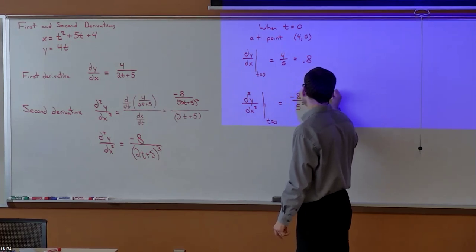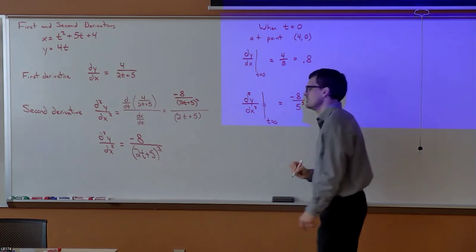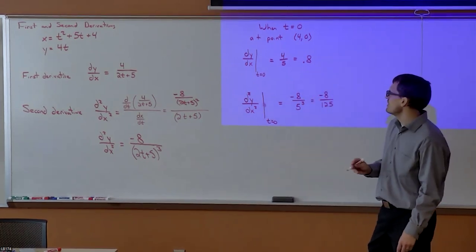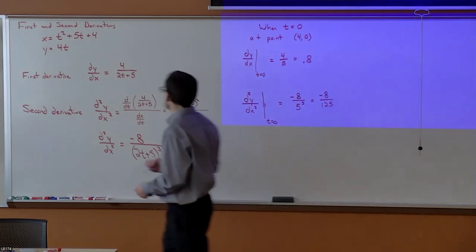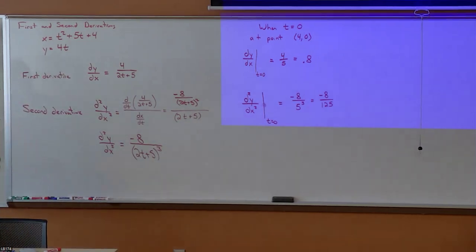I'm just going to keep that as -8 over 125. You could give the decimal version of it if you'd like, but that's it. So we have first and second derivatives in this case as well.